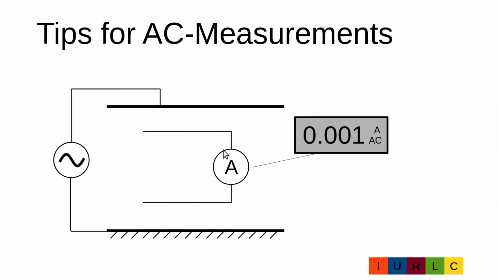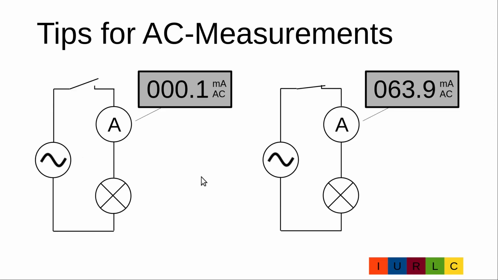So an ammeter with open lines shows only the base error, which is usually 1 or 2 on the last digit. Now we will repeat the measurement from the video. We will see that when the switch is open, we see only the base error of the ammeter, and when the switch is closed, we will see the correct AC current.